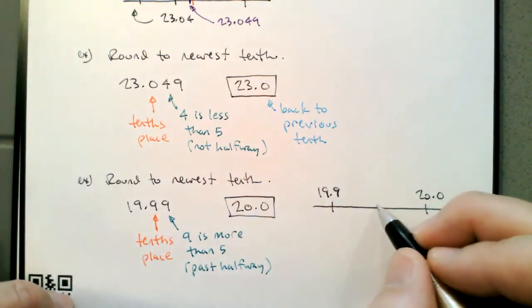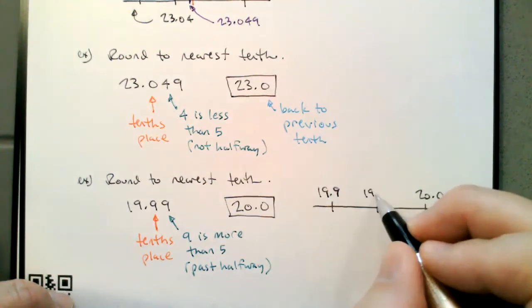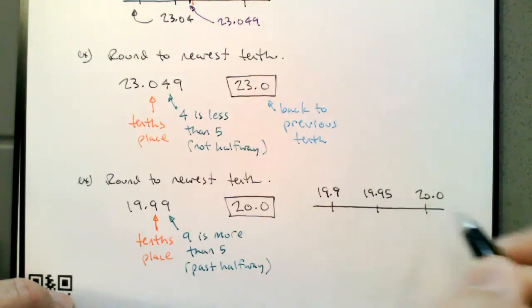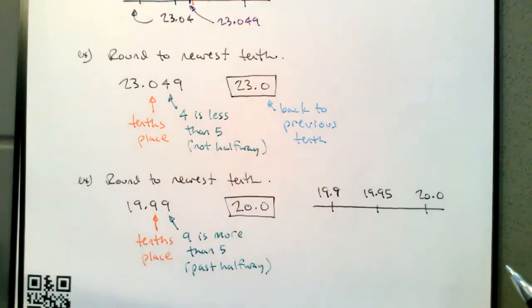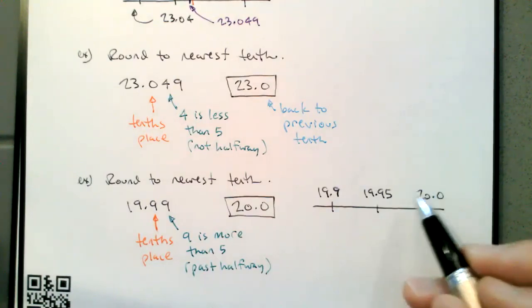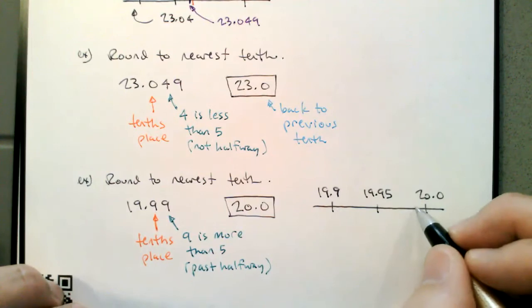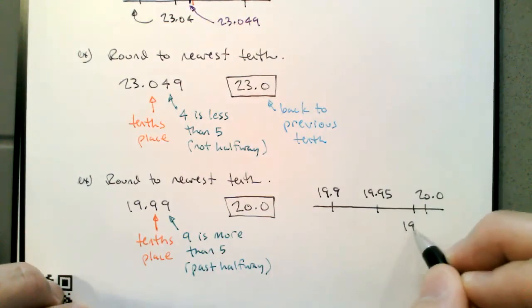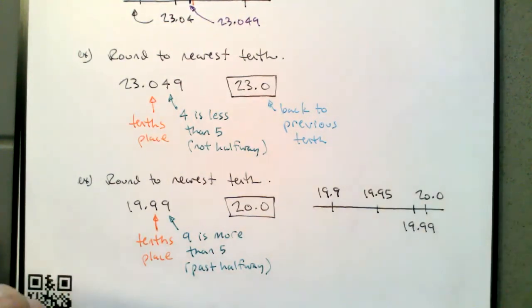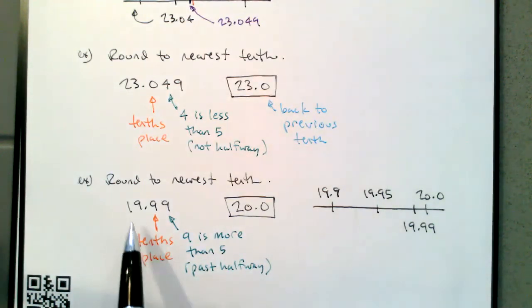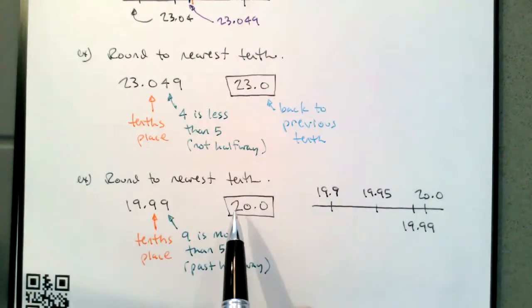Halfway is 19.95. And 19.99 is closer to 20.0. So even though we're reluctant to do it, when we have 19.99, we got to switch to 20.0.